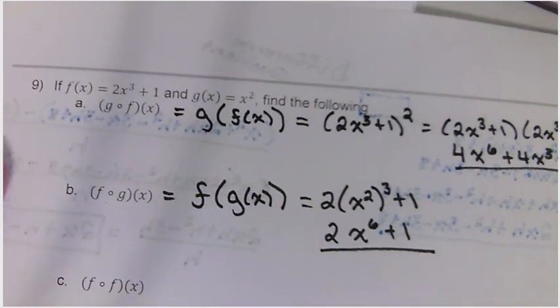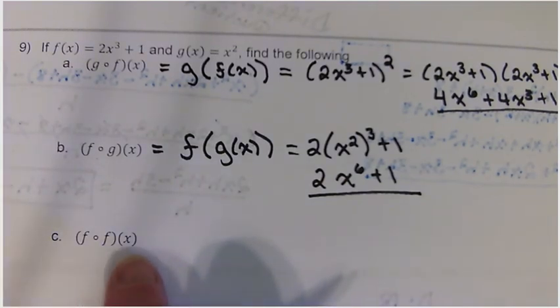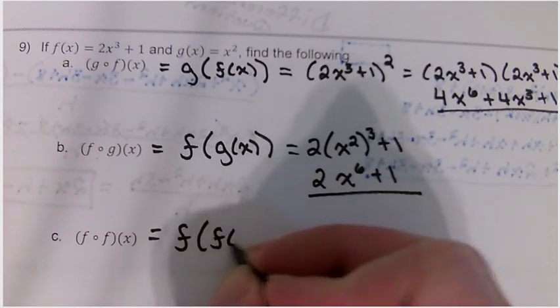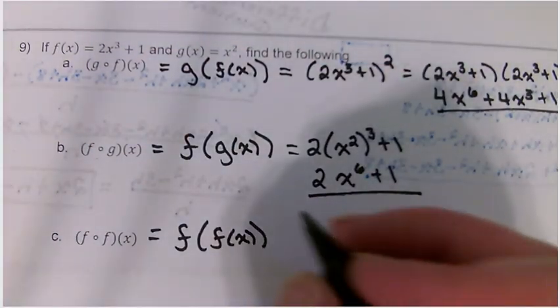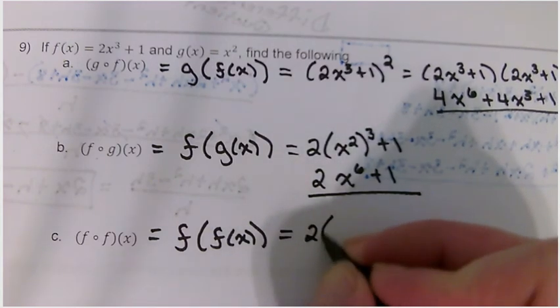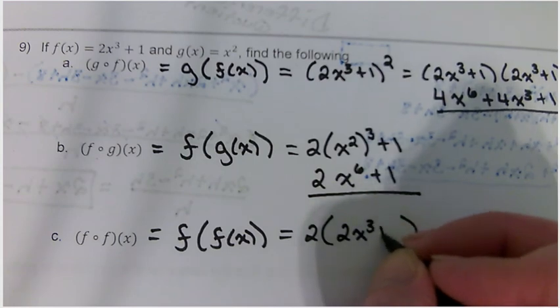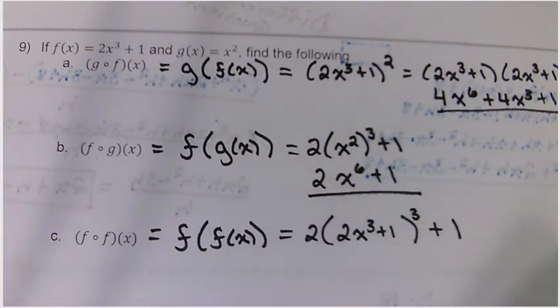Now, this one I won't make you simplify, but I want you to think about what we're doing. F of f of x. This means I'm going to take f of x and I'm going to put it inside itself. Now, we're not going to simplify it, but that's the thought process on composite functions.